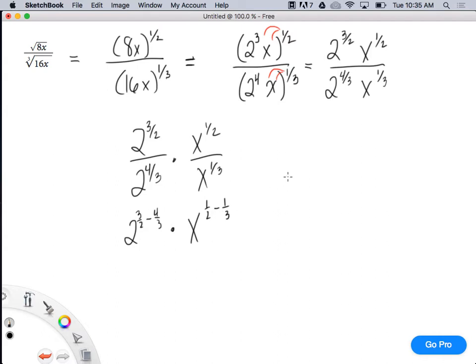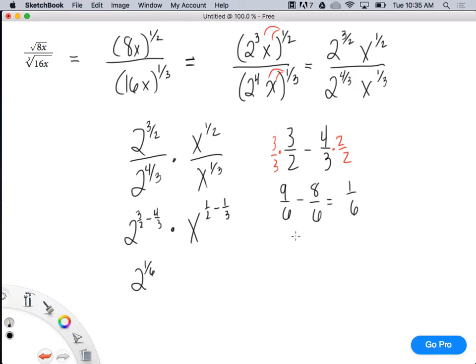Okay? And then you're just talking about subtracting these fractions. So 3 halves minus 4 thirds, I have to get them common denominator. So 3 over 3 and 2 over 2. It becomes 9/6 minus 8/6, which is just 1/6. So this is just 2 to the 1/6 power. And I can leave it like that. Okay?